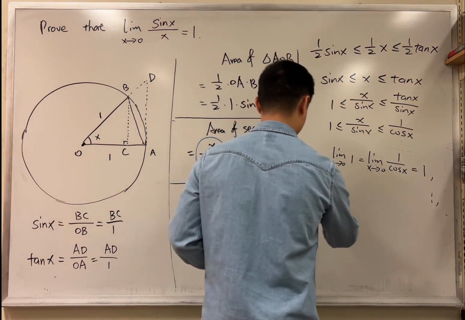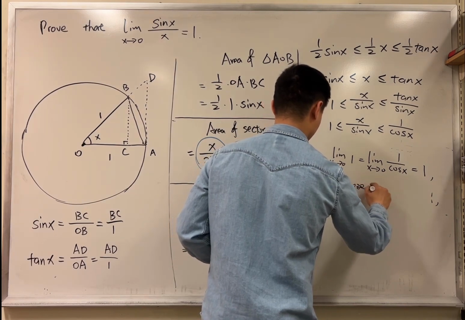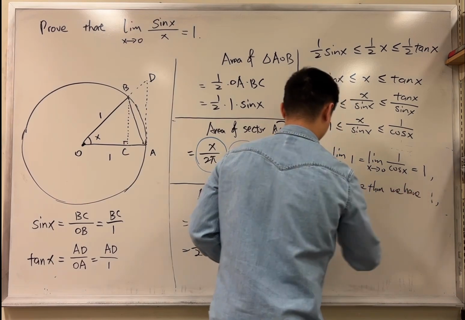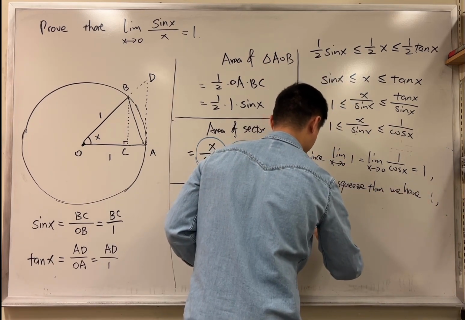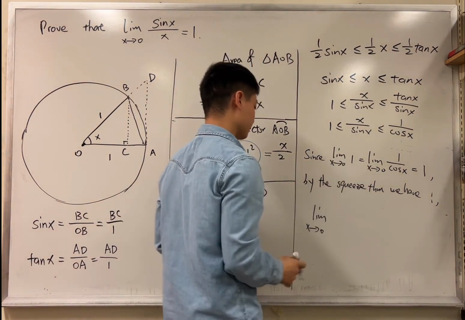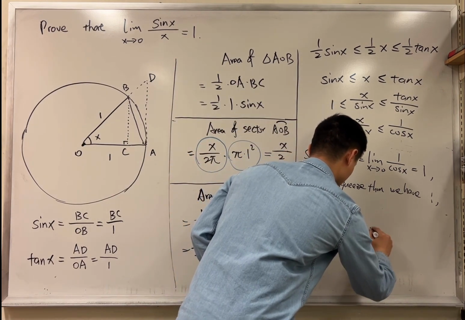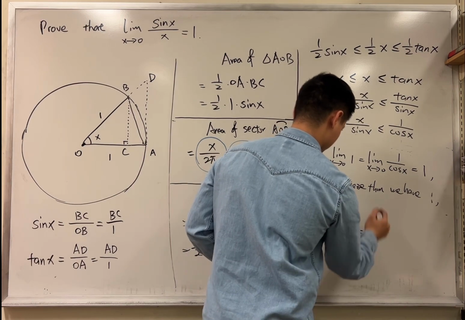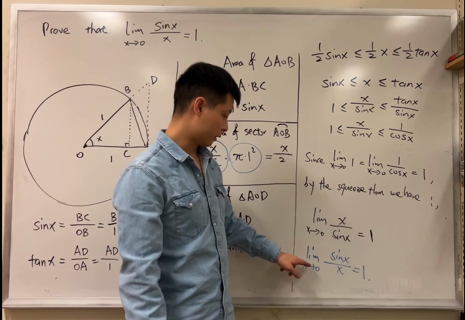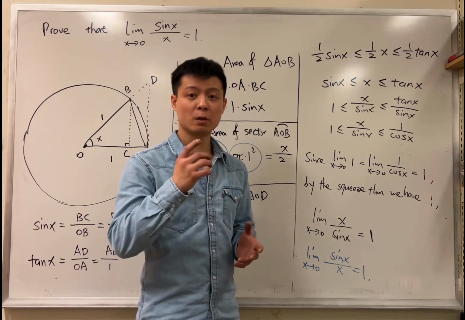Okay, so by the squeeze theorem, the limit of the function in between must also approach the same limit, so the limit of x divided by sine of x equals 1. And then we take the reciprocal on both sides of this equation to have the limit of sine of x divided by x equals 1, which is exactly what we were trying to prove.